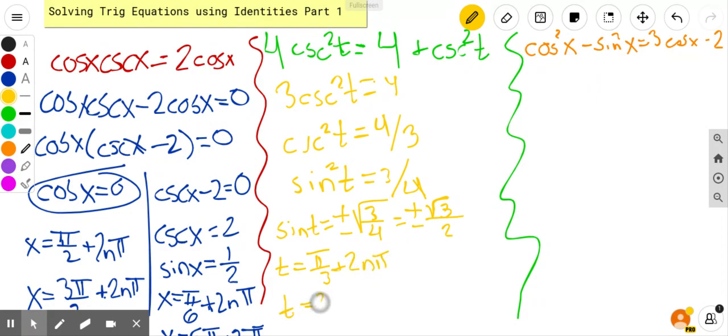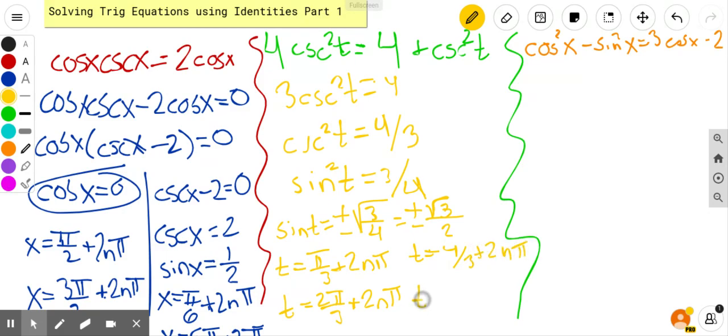It should be 2 pi over 3 plus 2n pi. It should be 4 pi over 3 plus 2n pi.